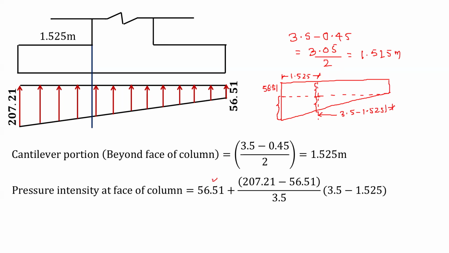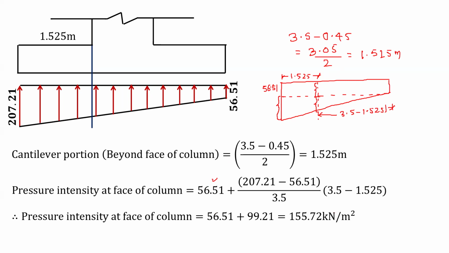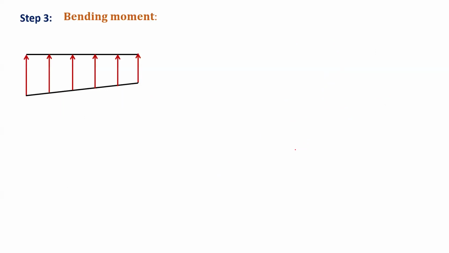I will get value at 1.525, and I got this value 99.21. Add 56.21, we have 155.72 kilonewton per meter square. So now we have bending moment at the face of the column. So we have 155.72, 207.21.